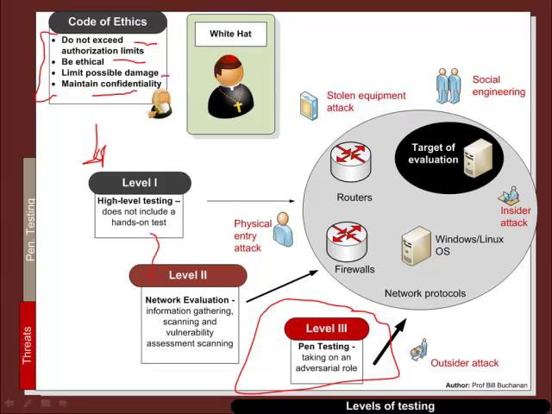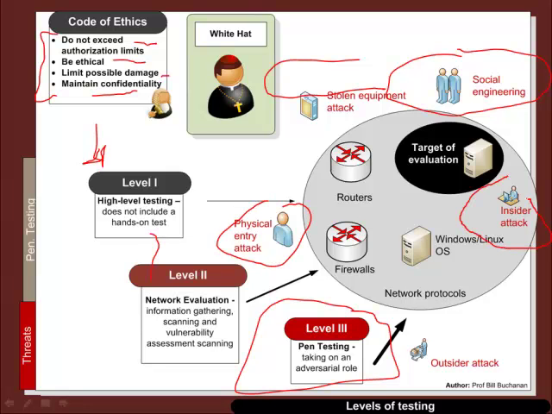Some of the things that the white hat might focus on are social engineering, stolen equipment attack, physical entry attack, insider attack, and also outsider attacks. And some of the key skills involved include the configuration of routers, firewalls, Windows operating system, network protocols, and so on.